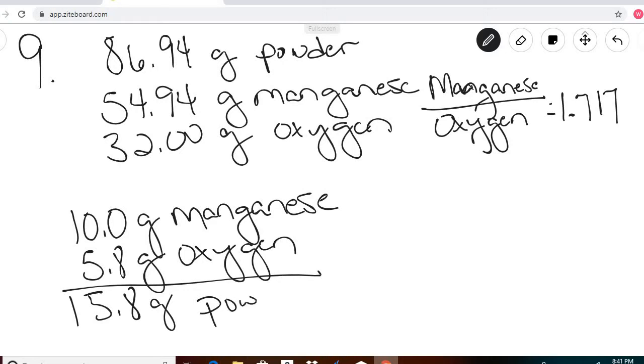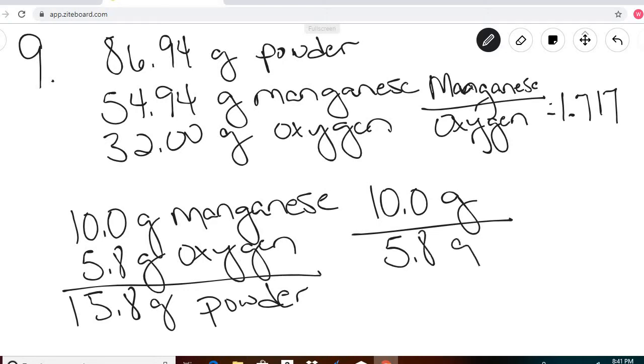And now we want to know, is this powder the same that we had above? So again, we want to look at the ratio between manganese and oxygen. Manganese was 10 grams, oxygen was 5.8 grams. Grams cancel, so it's just going to be a ratio. 10 divided by 5.8.